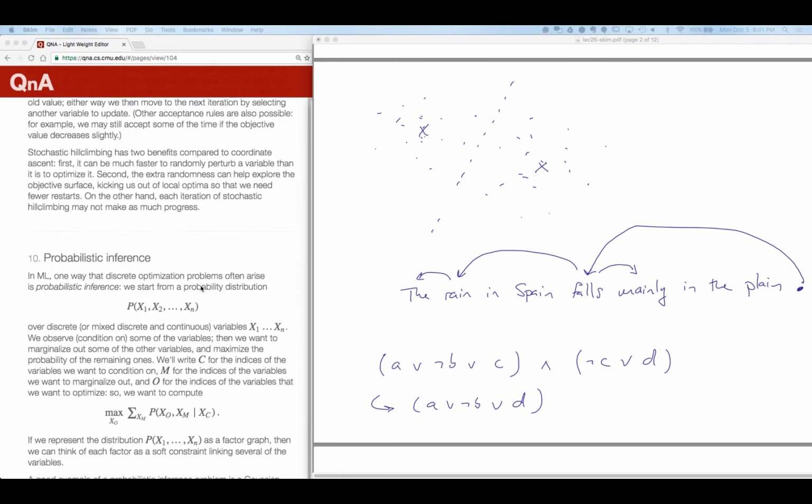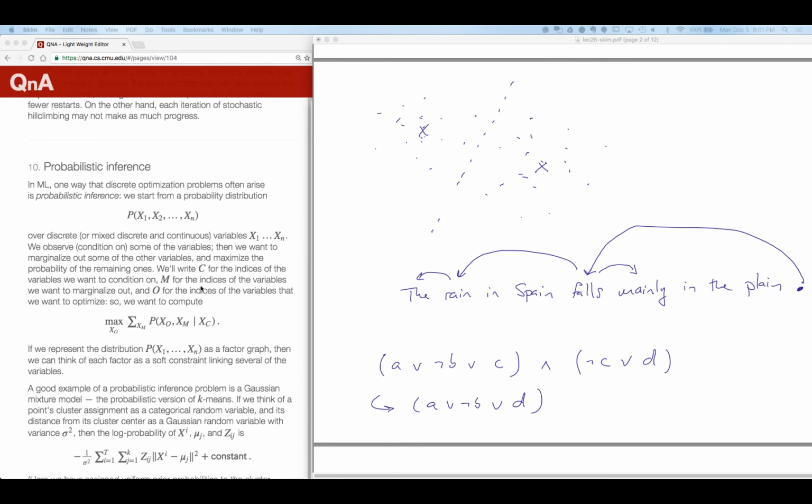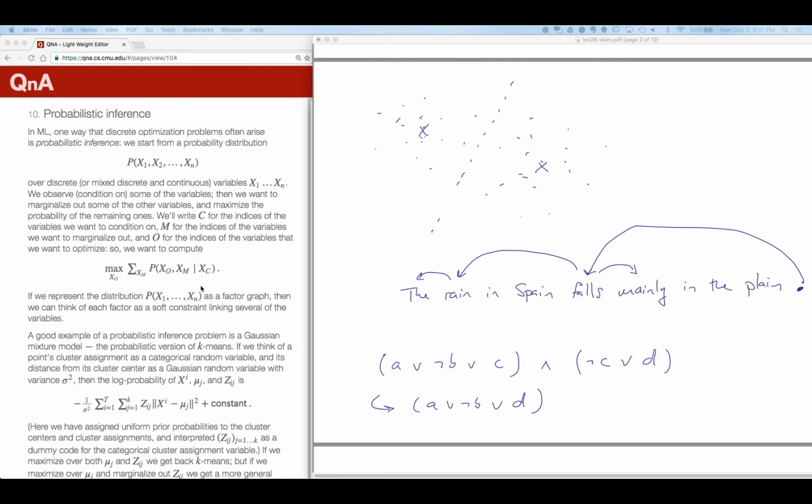I want to mention another algorithm as well, but to do that, I have to mention a more general problem. And that problem is one that we come across a lot, which is probabilistic inference. So we start with some probability distribution over a whole bunch of variables, and then we condition on some of those variables. Let's say C is the indices of the variables we condition on.